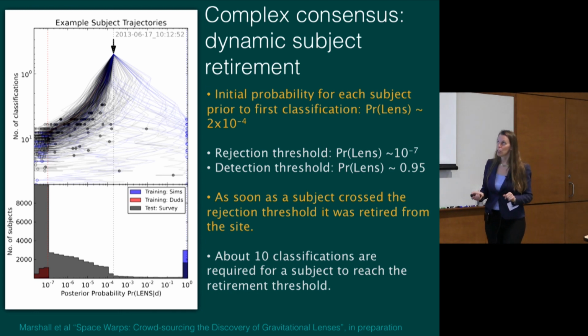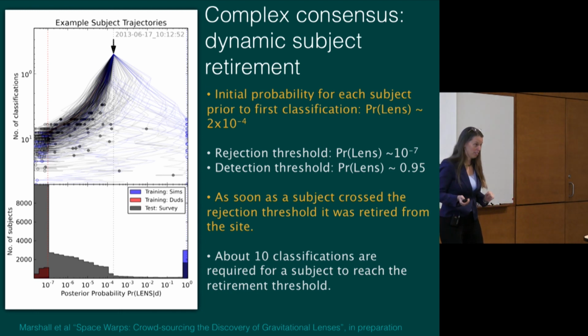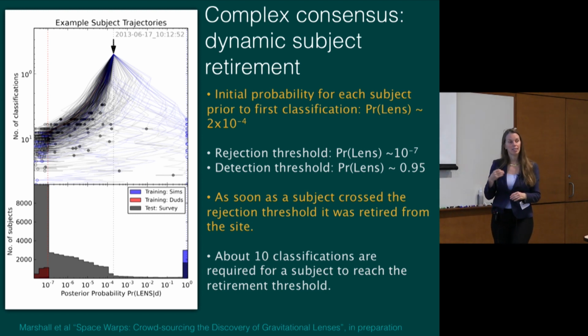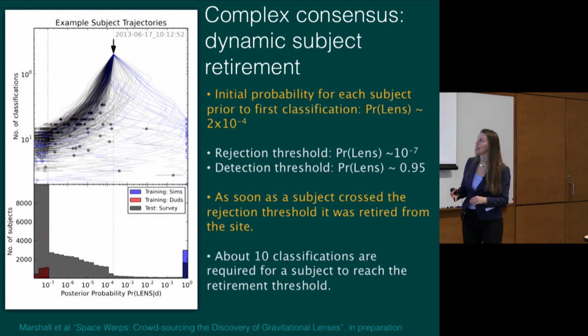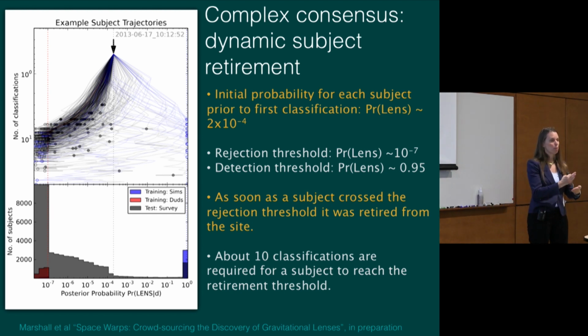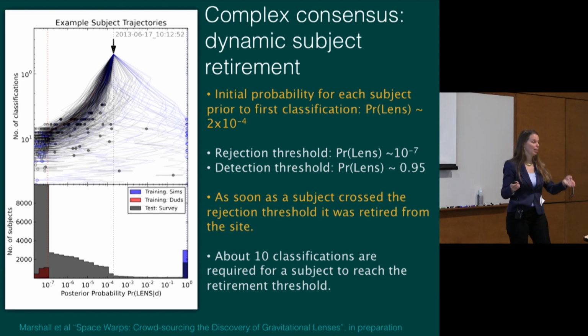It turns out Space Warps uses a very sophisticated consensus algorithm, so it's probably our most sophisticated one yet. It's a dynamic process in which it goes in with an a priori probability of 10 to the minus 4 of a classification actually being a lens.